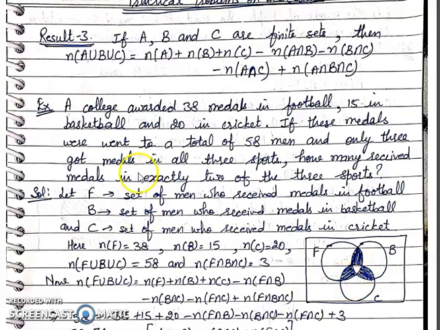So for this we apply the formula, result 3 which we have studied. The number of elements in F union B union C: first we take one set at a time, n(F) plus n(B) plus n(C), minus the intersection of two at a time, n(F intersection B) minus n(B intersection C) minus n(F intersection C), then plus the intersection of all three.